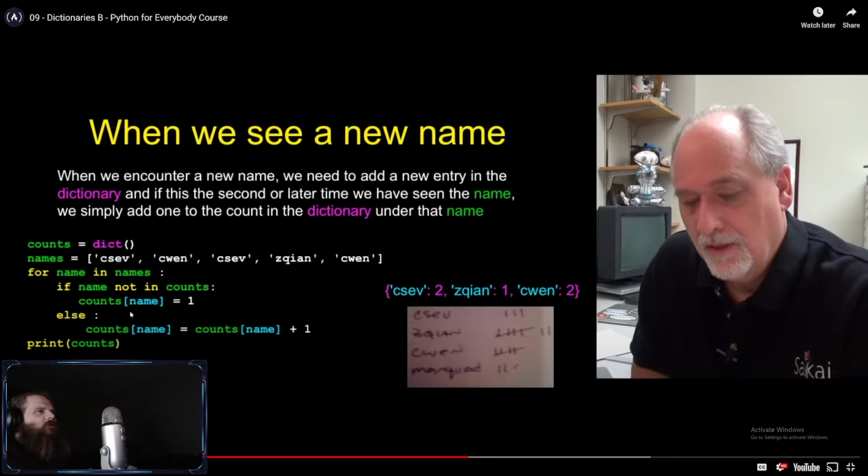So that's the brackets name equals 1. That is if it's not in there. If it is already in there, it would skip this and add one to it. Okay, I think I'm understanding the logic.